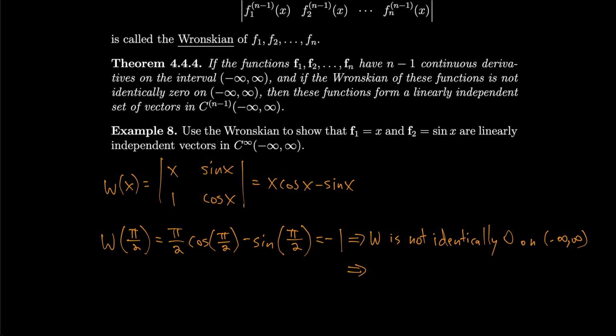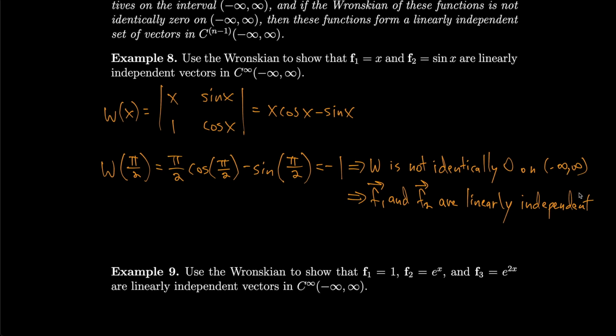Remember, if the Wronskian is not identically 0, then the functions are linearly independent. So f1 and f2 are linearly independent. Kind of similar to when we took determinants before. We got linear dependence if it was 0. This is linearly independent. Similar, but not exactly the same.